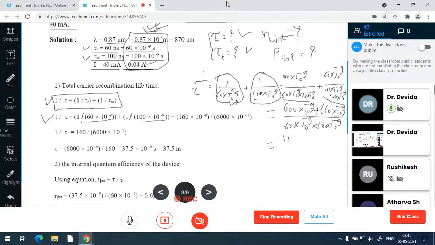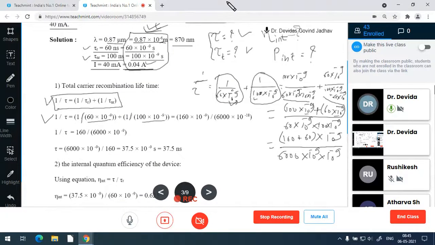What remains in the bracket is 100 plus 60, multiplied by 10^-9, divided by 60 into 100, which is 6000, multiplied by 10^-9, multiplied by one more 10^-9.